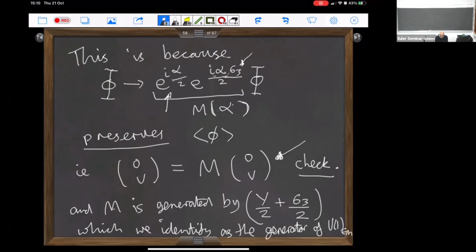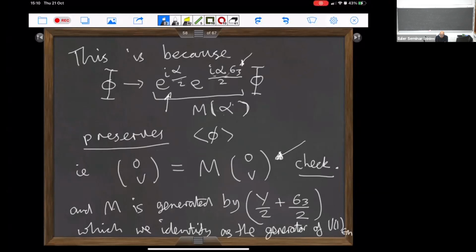And it also shows that the Higgs vacuum expectation value is preserved by a U1 subgroup of SU2 times U1. I'll just say that I've done it in the simplest way, where we've chosen a particular direction.